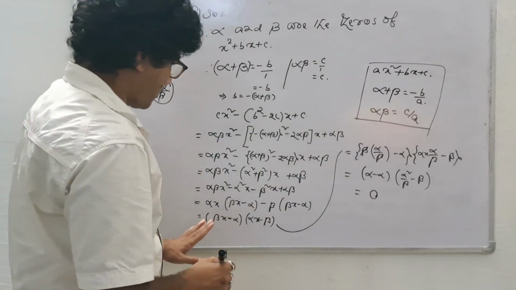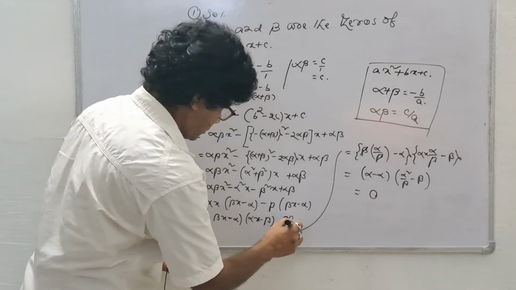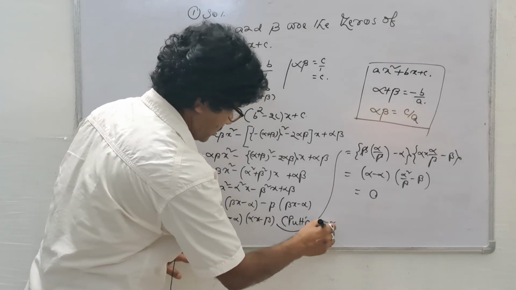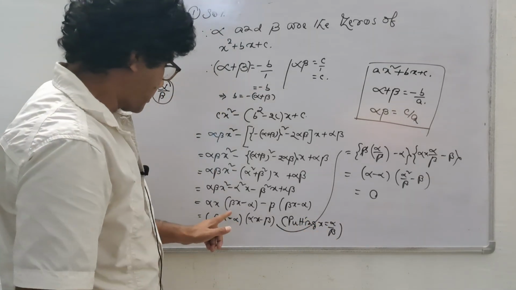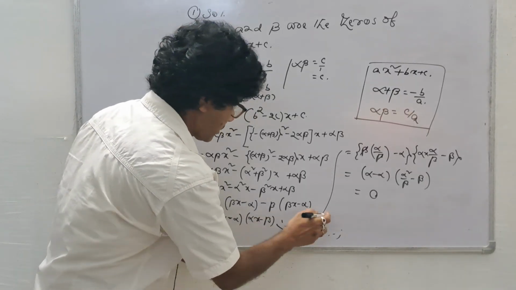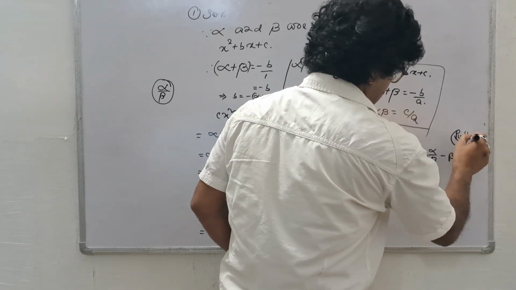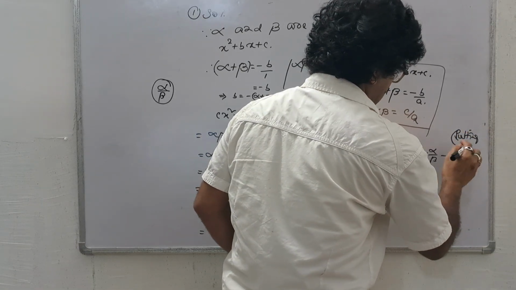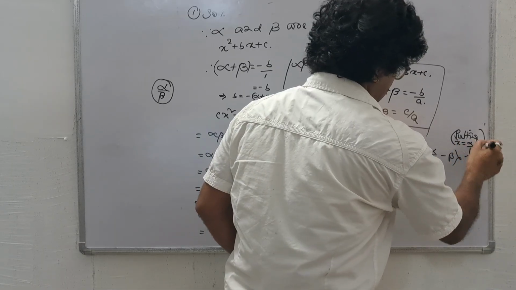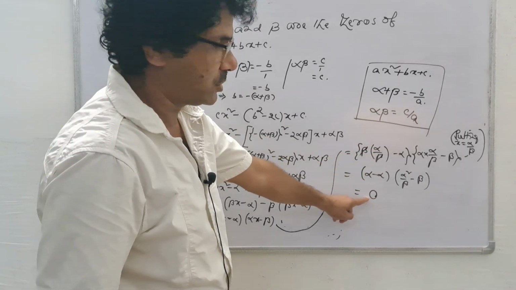So here you write: putting x is equal to alpha by beta. I put x is equal to alpha by beta, and the result we have got is 0.